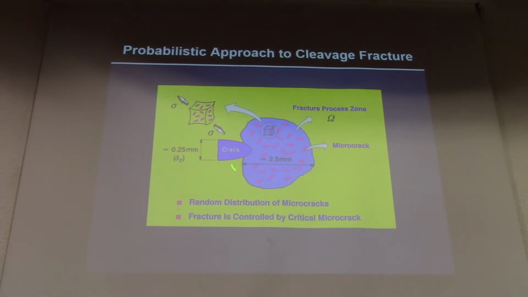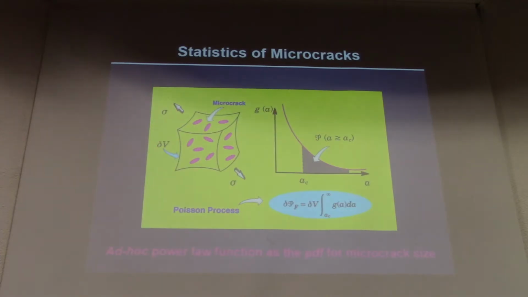Fracture of the whole component, the whole specimen, is controlled by the critical microcrack. Okay, so we can do some simple statistical math, also assuming a Poisson process to describe the microcrack distribution here, and this is very important.